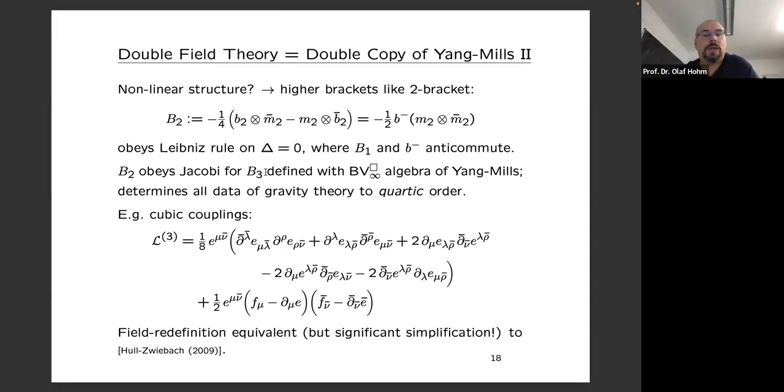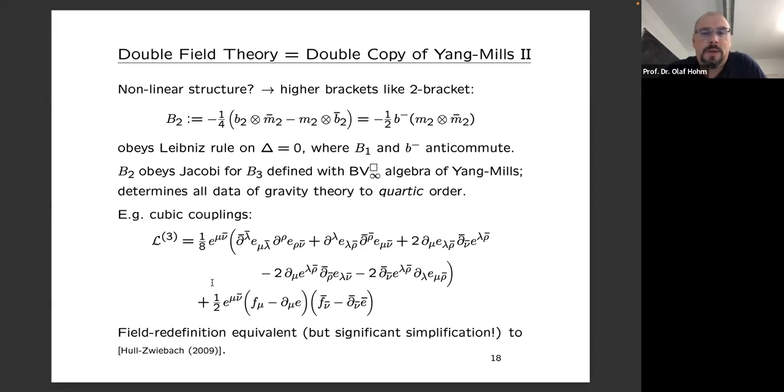So just as an illustration, at the level of cubic couplings, where you need only the B2, you can work out the cubic part of the gravity action, which is written here. And this is, in fact, the simplest version, I think, that anyone has ever seen of the cubic gravity theory. The original double field theory action at cubic order by Hull and Zwiebach was already much simpler than what you could normally find in the literature.